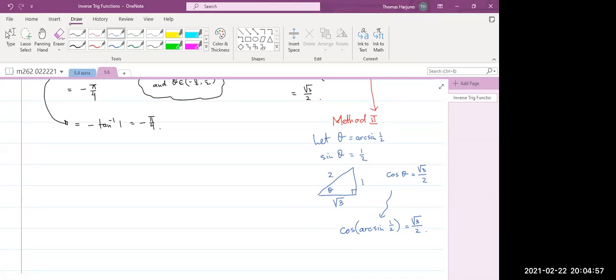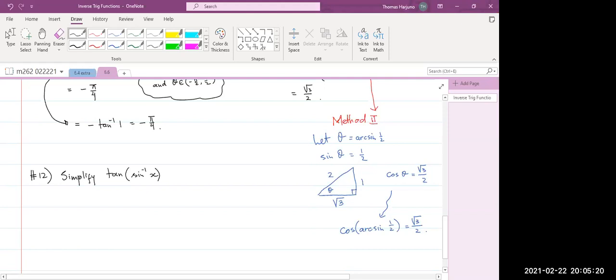Now using this method number 2, let's see question number 12. Simplify tangent of sine inverse of x. The work, you will say, let theta equal sine inverse of x.